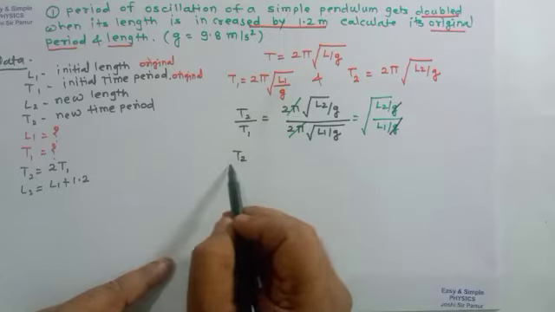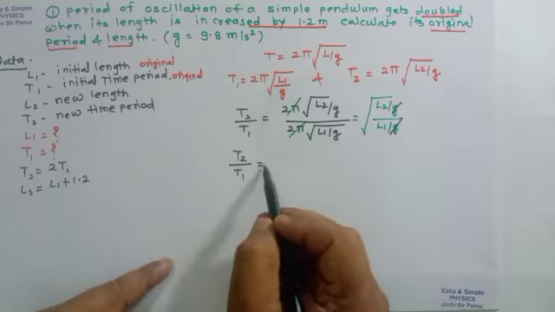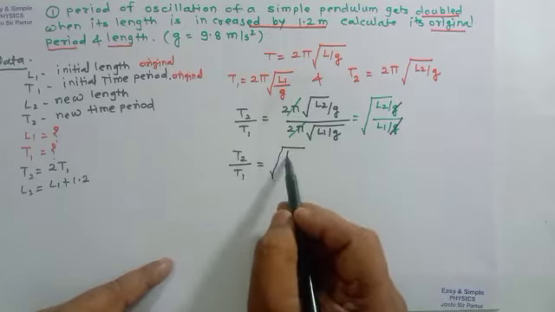So T2 upon T1 is equal to square root of L2 upon L1.